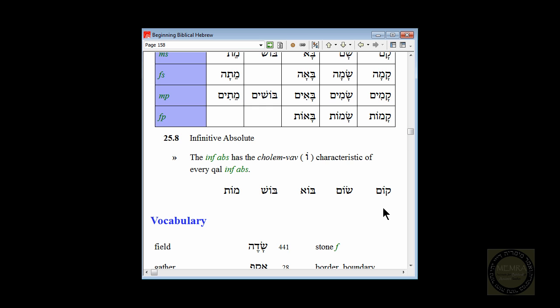Just make a little list of the ones that could be more than one thing, and keep that handy. But for the other ones, the prefixes are going to be imperfect. The suffixes are going to help you with a perfect form, and you already know that stuff. So I don't think this will be a huge deal as far as a chapter for this unit. That's the end of the video for the overview.